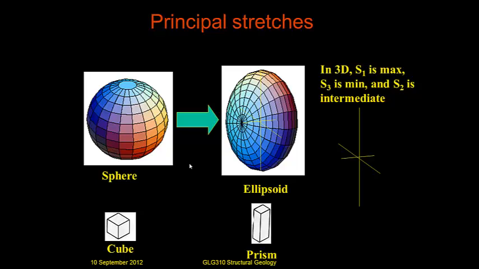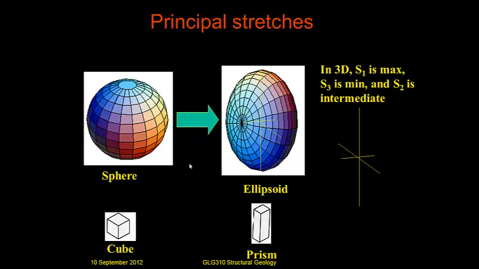So you can do this in 3 dimensions, going from a sphere to an ellipsoid, and it would have 3 axes. S1 is the maximum stretch, S3 would be the minimum stretch, and S2 is some intermediate. We usually talk about this as a sphere or an ellipsoid, but it could also be a cube going into a prism.